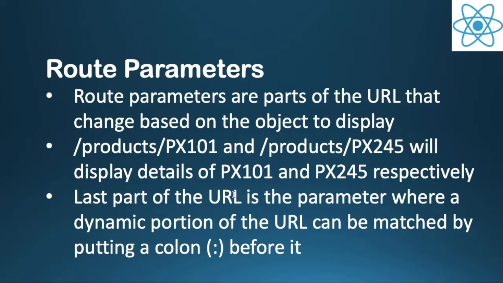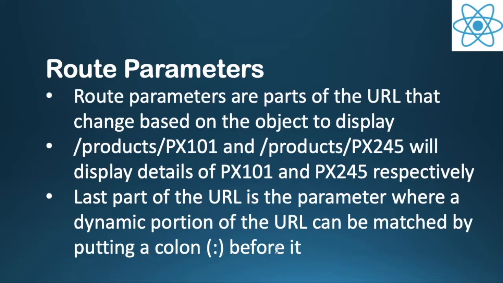The last part of the URL here is the ID or the name or the model of that product. So it is the parameter where a dynamic portion of the URL can be matched by putting a colon before it.